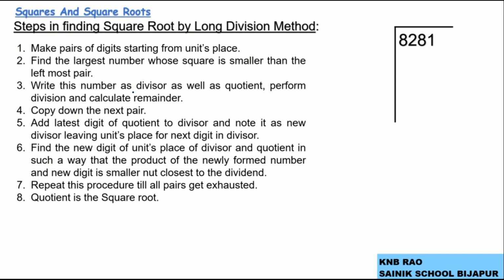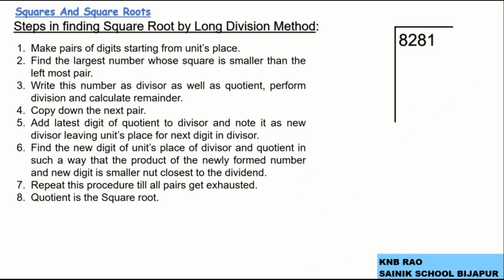Obviously, these rules are lengthy and difficult to remember, but today I would like to tell you all these steps in short. We still have rules in short which need to be remembered. You are not going to write these steps in exam, but you will be using this knowledge of rules while finding square root of a number.